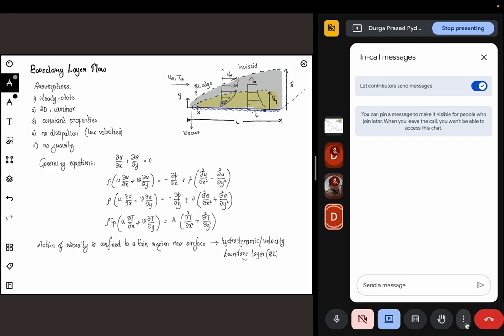Just to know, have you done any fluid course before, some incompressible flow or any other fluid mechanics course? Okay, you have not done fluid mechanics. So you are comfortable with these equations, like the x momentum, the Navier-Stokes equations?